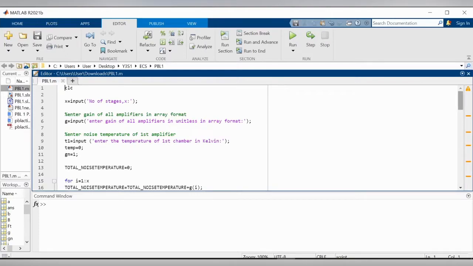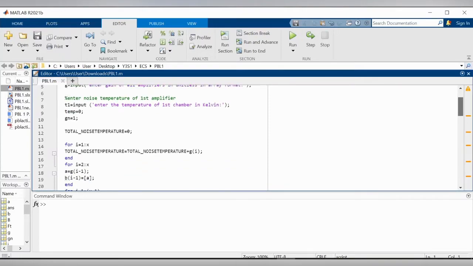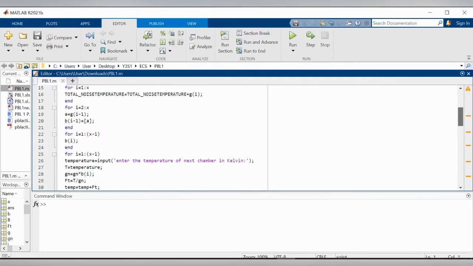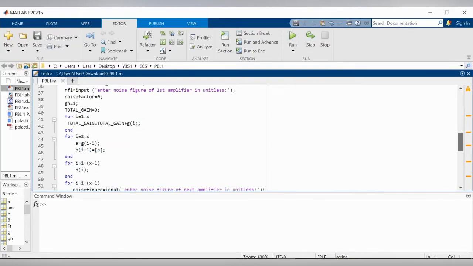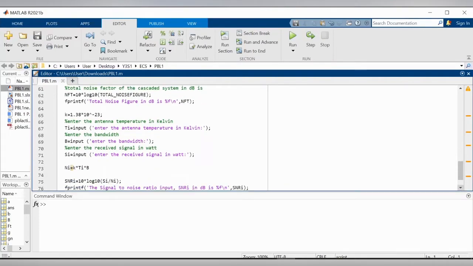Firstly, we insert the input of the number of stages, the gain of all amplifiers, and also the temperature of each chamber. By this input, we get the total noise temperature and also the total noise figure.